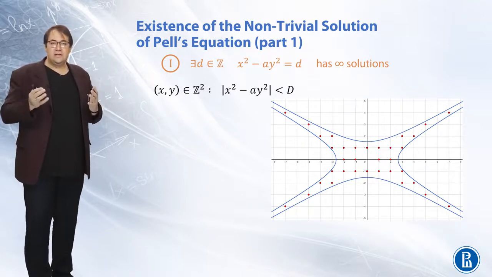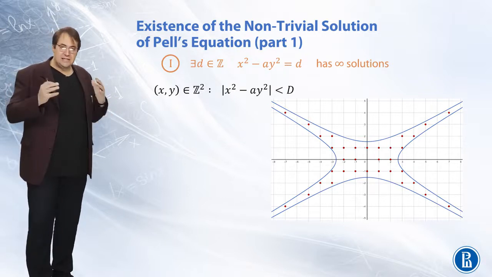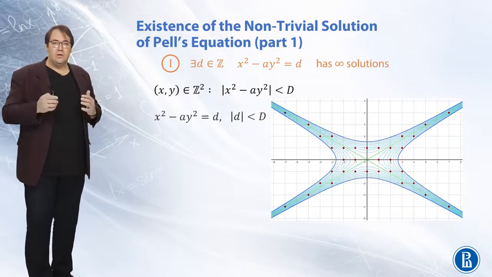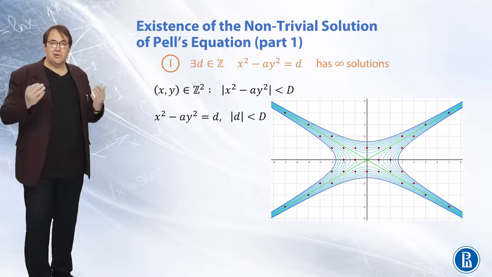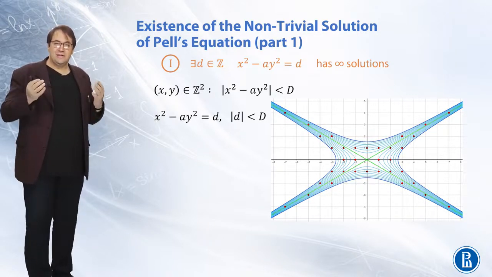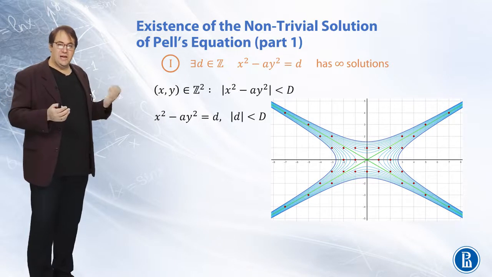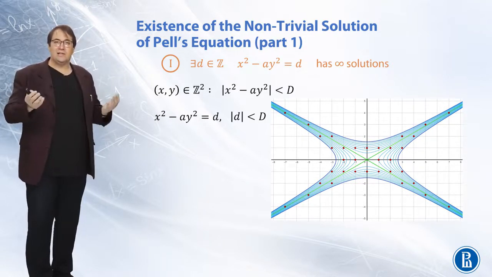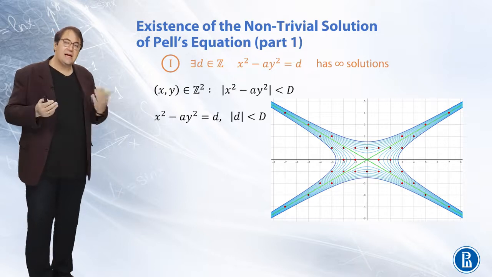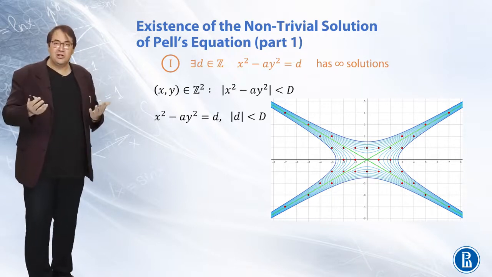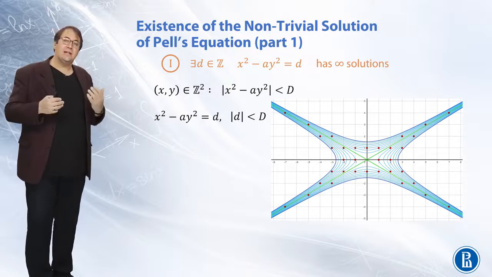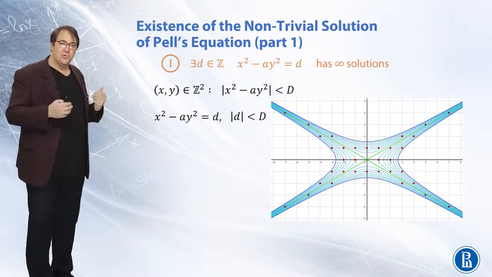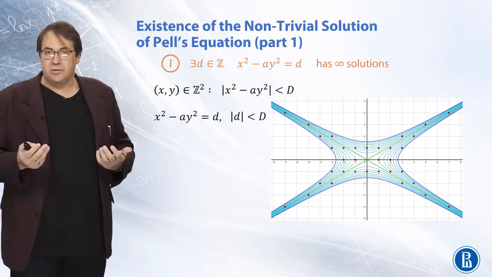All these integer points inside this region lie on different hyperbolas defined by the equation x squared minus a y squared equal to d. Well, it's obvious that since x, a, and y are integers, then d calculated by the same formula will be an integer.